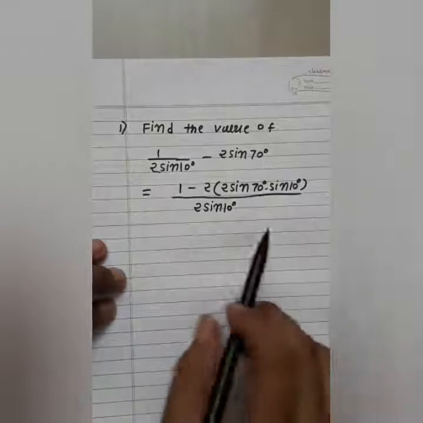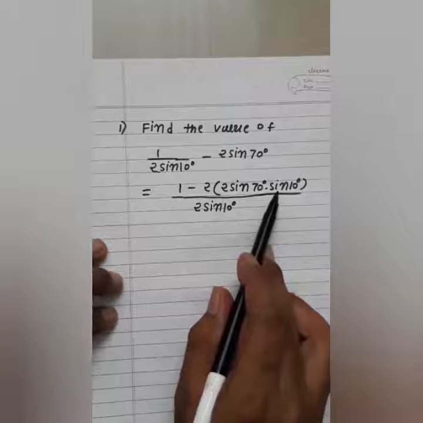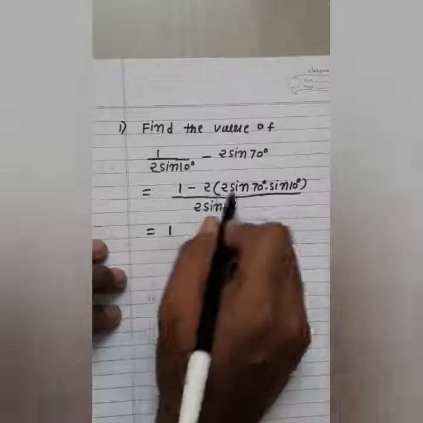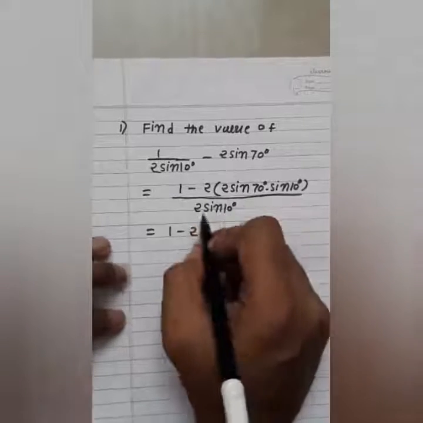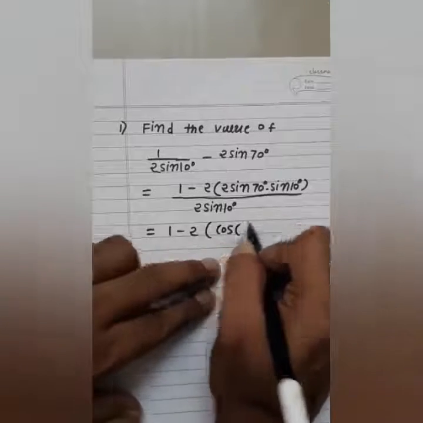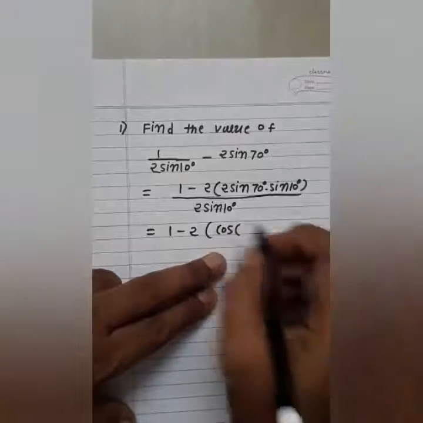Now apply the identity 2ss, that means cos minus cos. So formula number 4 is used here. So 1 minus 2 into bracket cos. First we apply a minus sign and after that in another bracket a plus sign.